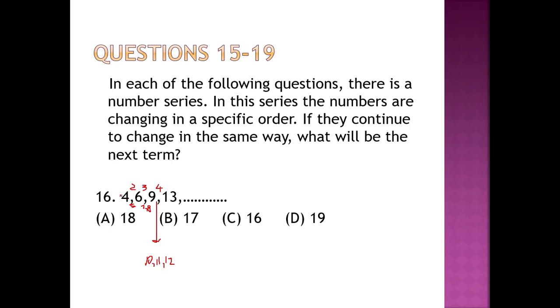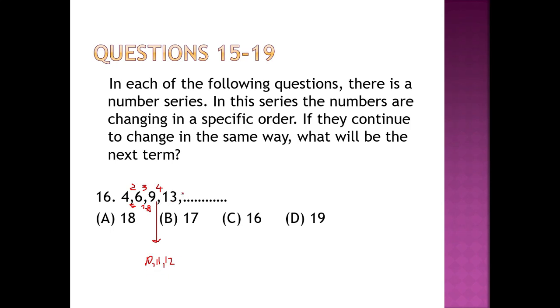Okay, so between the first 2 numbers, just one number is missing, 5, right? Between the second pair, 2 numbers are missing, and between the third and the fourth number, 3 numbers are missing.